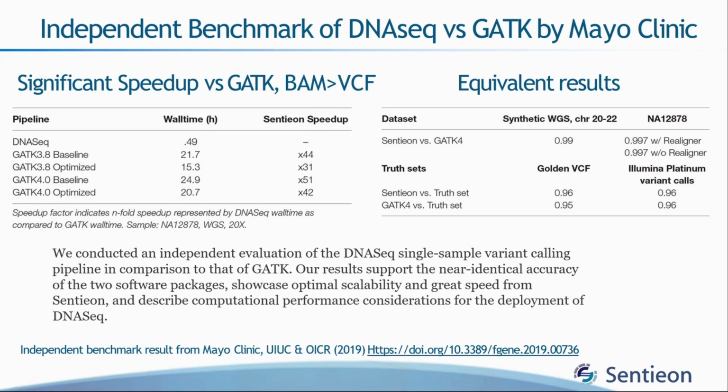In an independent evaluation of the DNAseq single sample variant calling pipeline in comparison to that of GATK, this was conducted by Mayo Clinic. And as you can see, we have the speed up, there's a significant reduction in the time it took to complete the pipeline, and the results are equivalent without compromising the actual accuracy of the data or your pipeline.